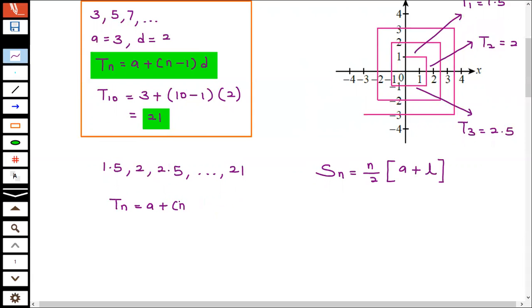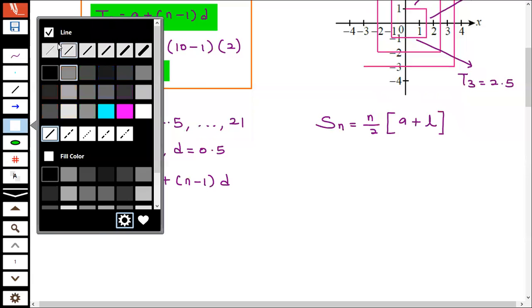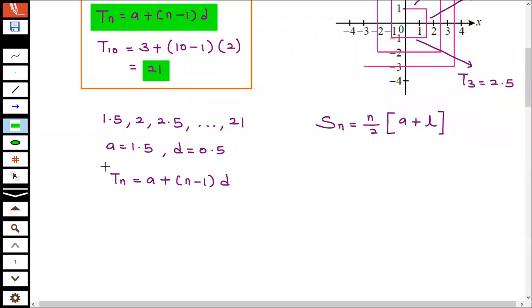Sorry, before that, I need to identify what a is, what d is, everything. So a is 1.5 and your d is 0.5. Now I'm going to use the formula of Tn, a plus n minus 1 times d.